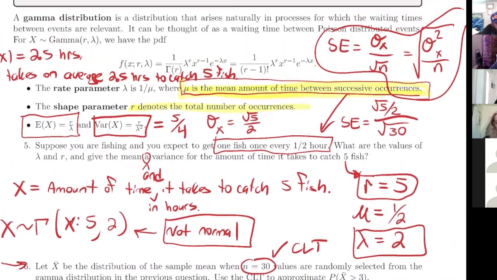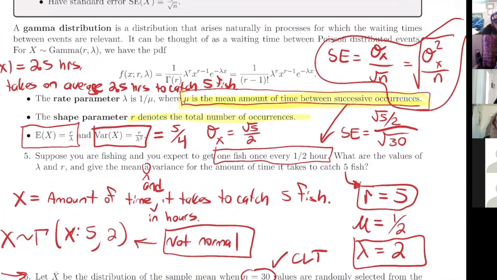Okay, and so again, we are getting that value from this formula for the standard error, which in general is find the standard deviation of the population, which we did over here, found the variance, took the square root of the variance, and then we have an additional step where we now need to scale that down. We divide that by the square root of the sample size.